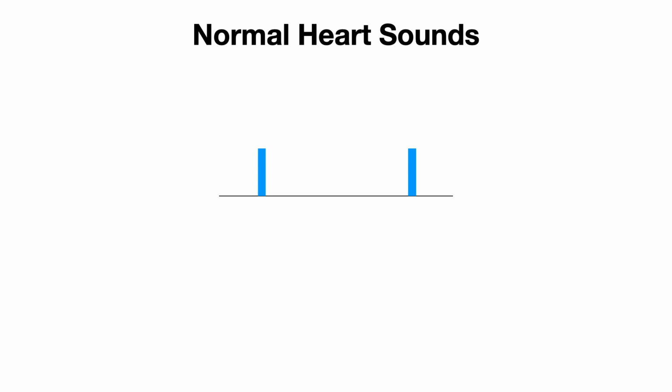When we talk about normal heart sounds, we're talking about an S1 and an S2. So close your eyes. Imagine any movie or TV show where you've heard a dramatic heartbeat in what you're watching. You know that there are two distinct sounds of a heartbeat, right? Boom, boom, boom. There's two beats, and if we're being a little bit more scientifically accurate, we would say there's a lub followed by a dub.